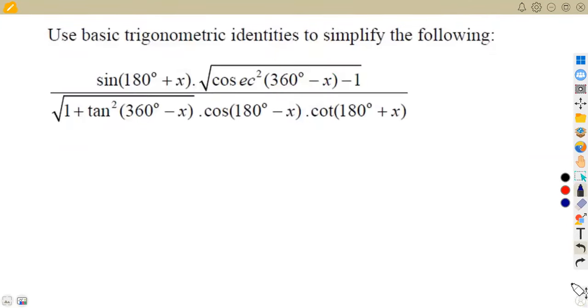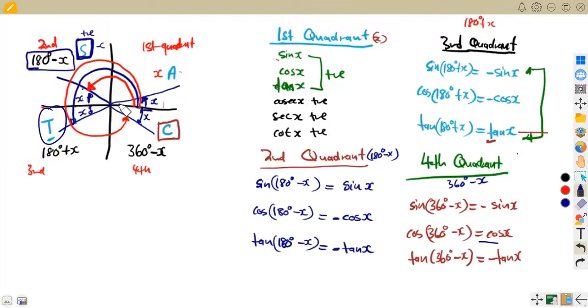So the first part we are given here was use basic trigonometric identities to simplify the following. All right, so let us see how it is going to reduce. We are given sine 180 plus x. If you take note, 180 plus x lies in the third quadrant, from our trigonometric part that we had.